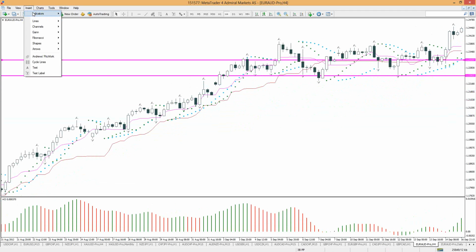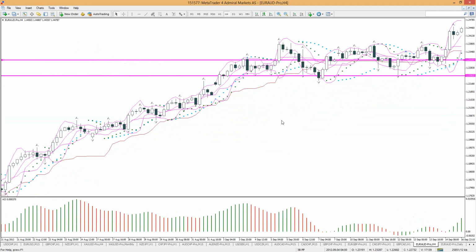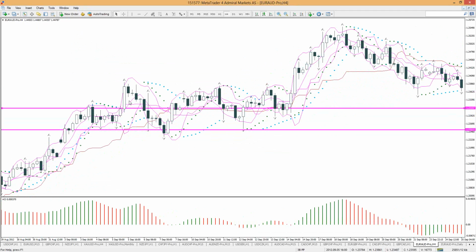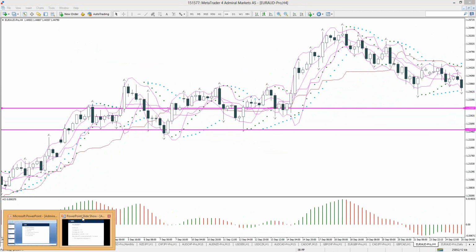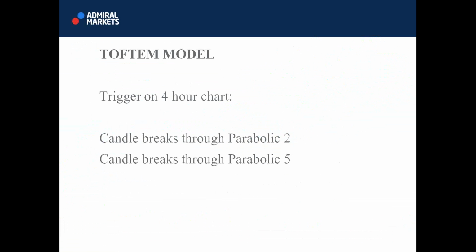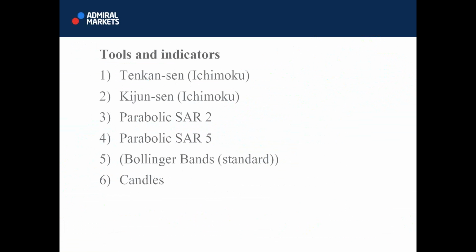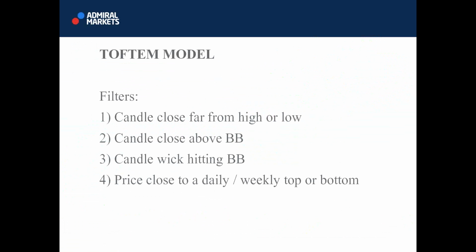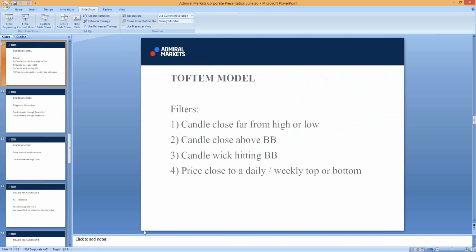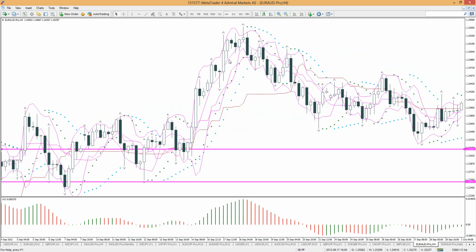Now, I'm running a bit out of time here, so I don't really have much time to discuss the Bollinger Bands. Sorry about that. But the idea would be that if price is, once again, let me show you. Where is it? Here. If the candle closes above the Bollinger Band, or if a big wick is hitting the Bollinger Band, we could use it to further optimize maybe the strategy.